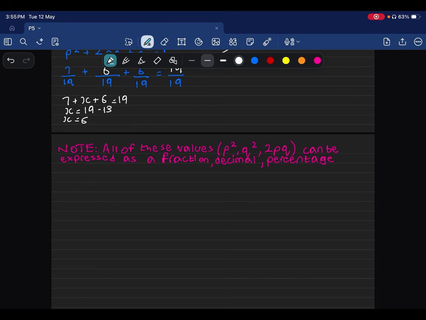Now, you can use these values to figure out the P and the Q values as well, yeah? We can use these values to figure out what's going to be the P value and what's going to be the Q value.